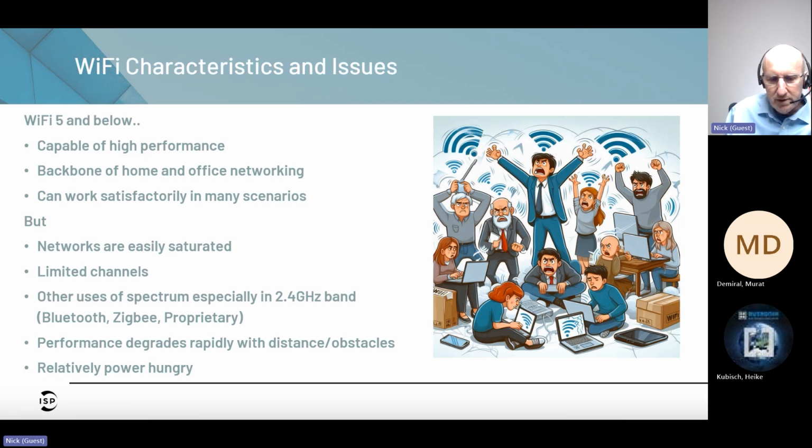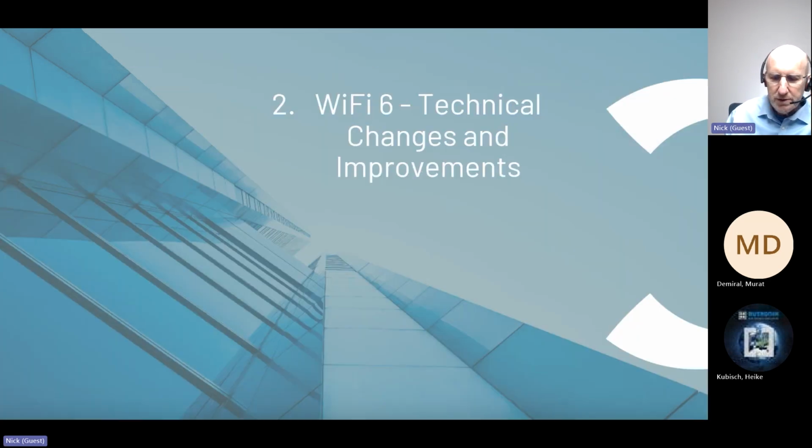So you have a lot of competition for especially that band. Its performance degrades quite rapidly with distance and with obstacles, and it does consume a fair bit of power. So if you get a lot of things in the same place, it starts to fall over and not work so well. So what's changed with Wi-Fi 6?